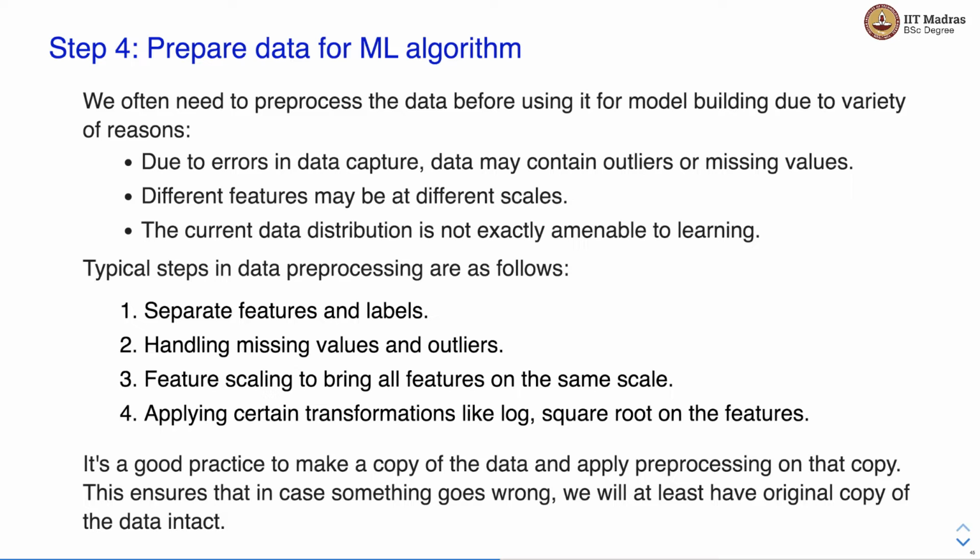For example, handling missing values and outliers helps us to fix errors due to data capture. The handling of missing values will take care of filling missing values with suitable values. The feature scaling helps us to bring all features on the same scale, and transformations like log and square root might help us to get the data distribution that is more amenable to learning.